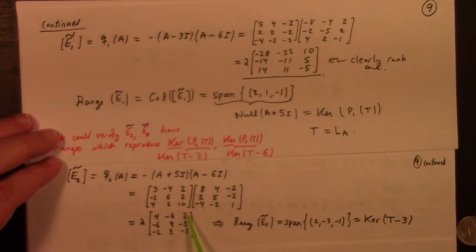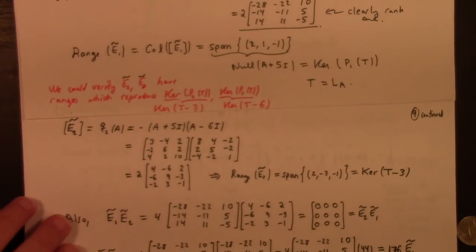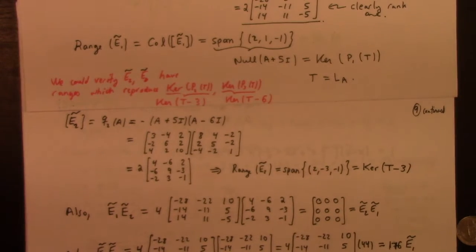So this is all basically scalar multiples of 2, minus 3, 1. That's 3 times that. That's 2 times that. Now there's this 2 out here, whatever. Anyway, make sure you can see this. So the span of E2 tilde is the span of 2, minus 3, minus 1, which is the kernel of T minus 3 we just found.